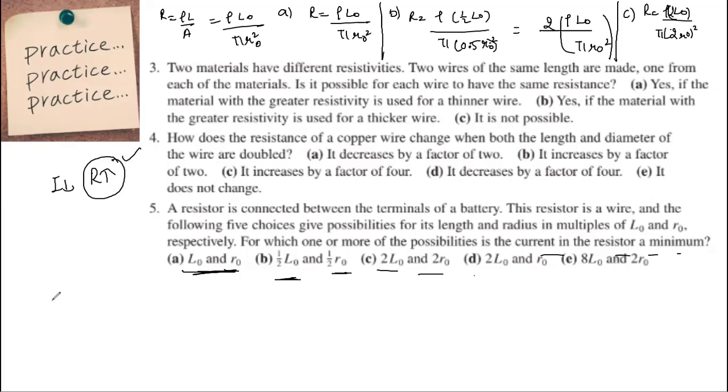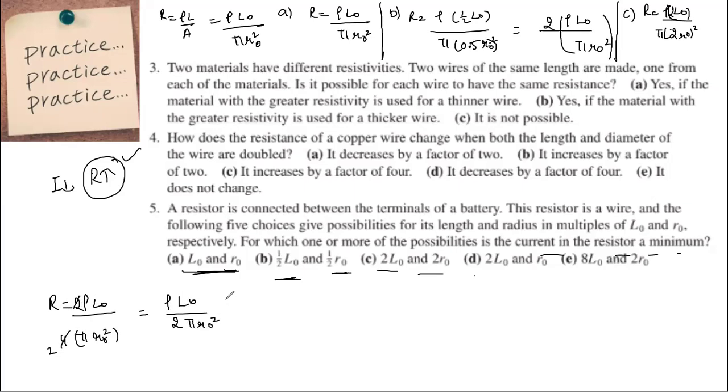So R is equal to rho, and then you have 2, and in the bottom you have 2 square, which is 4, and then pi R naught square. So I have rho L naught, 2 by 4 is half, right?